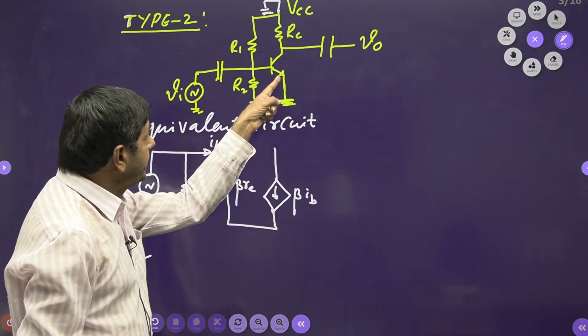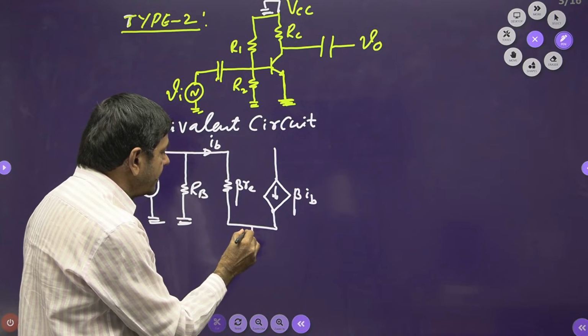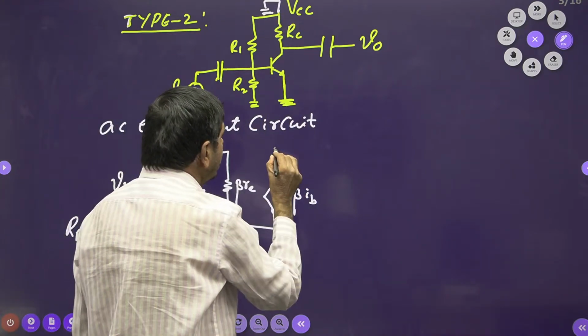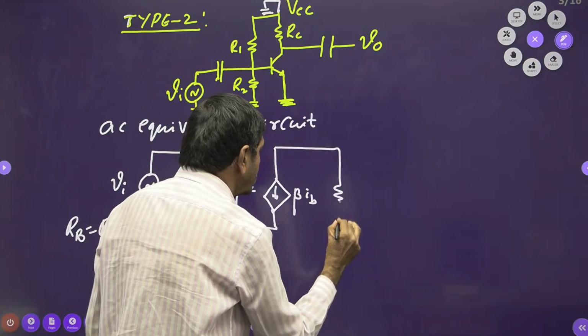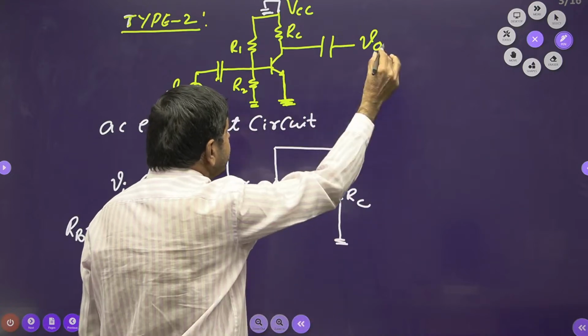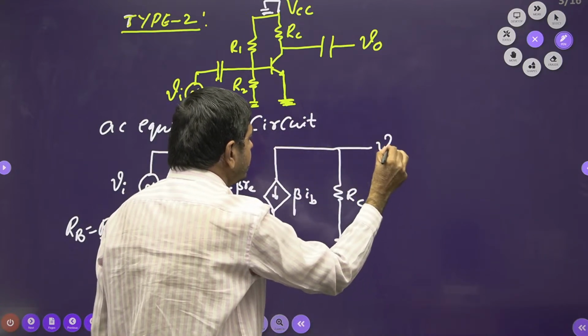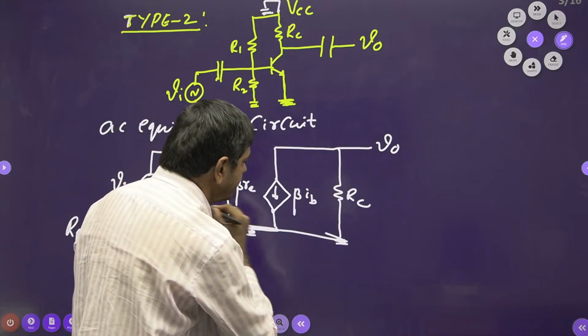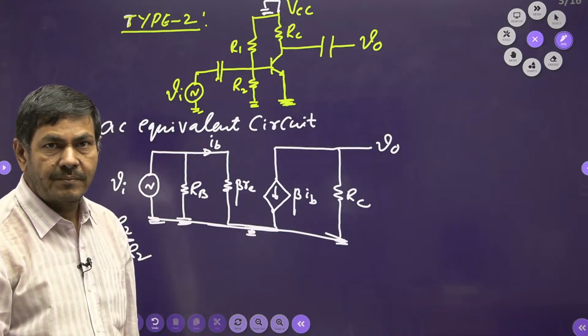And here this emitter is connected to the ground. Yes, I can connect to the ground. The RC is connected to the ground. Yes, I can connect this to the ground. And the capacitor is shorted, I can get the V0 only now. These are all grounded, you can combine by a line. I am getting this circuit.